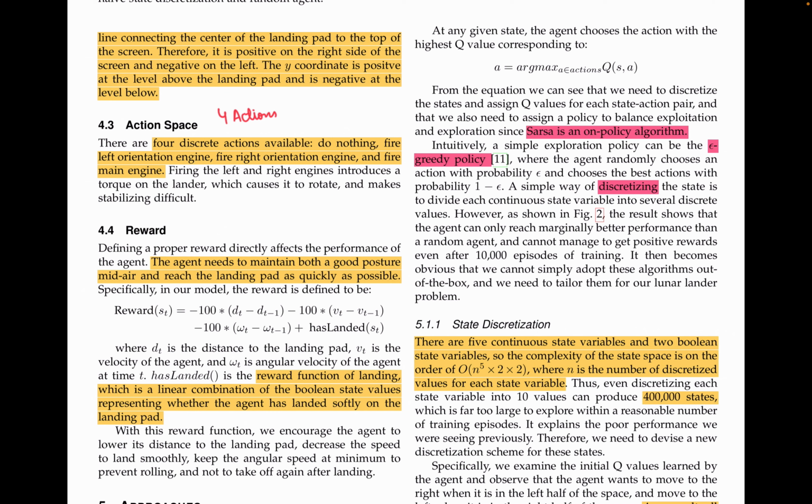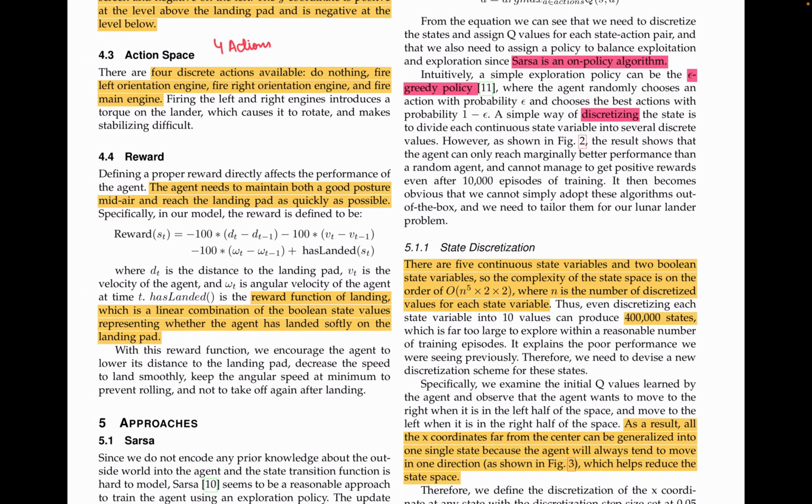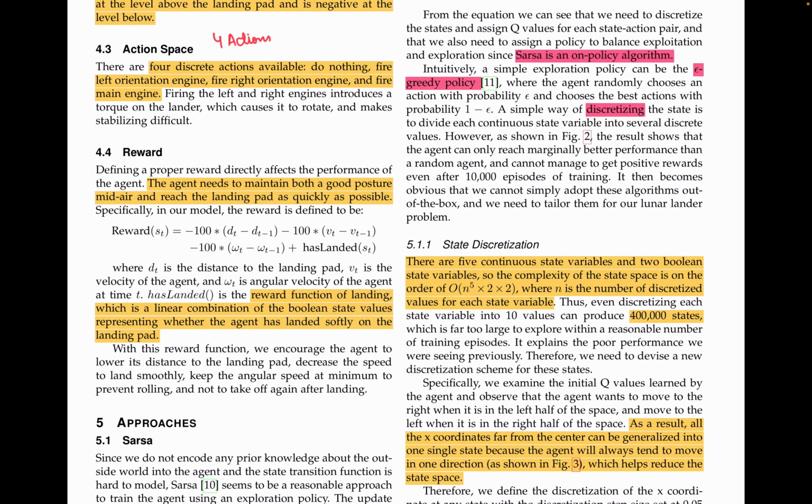What it means for us is that if we fire the left or the right engine, it will give us negative rewards. So let me tell you what I mean by negative and positive rewards. The agent always gets a reward. Say there's an agent that's driving to the edge of a hill.